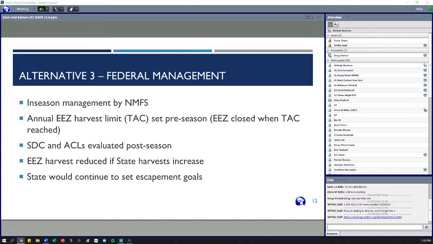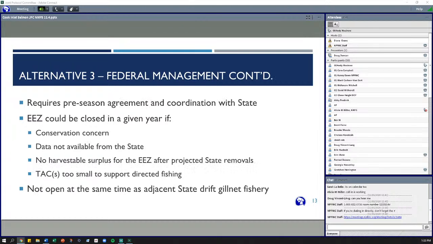Okay, carry on, Doug. Okay, continuing on with Alternative 3, federal management. This is going to require a lot of pre-season agreements and coordination with the state in order to have a fishery each year.